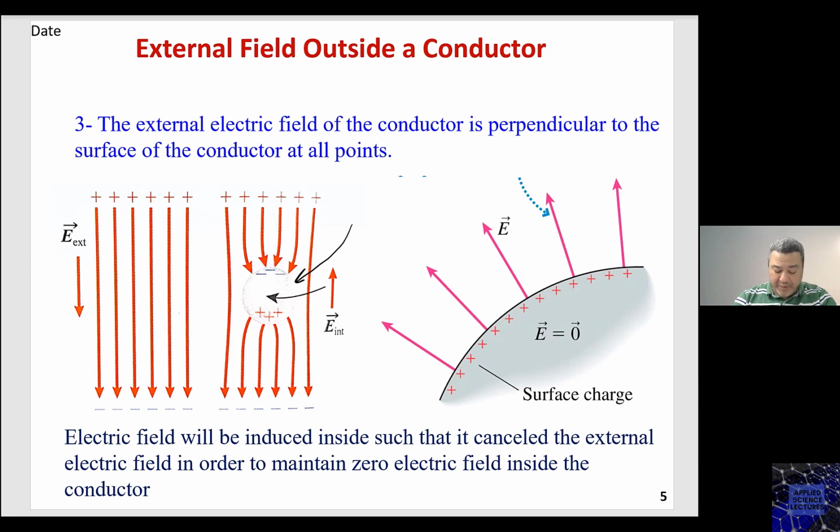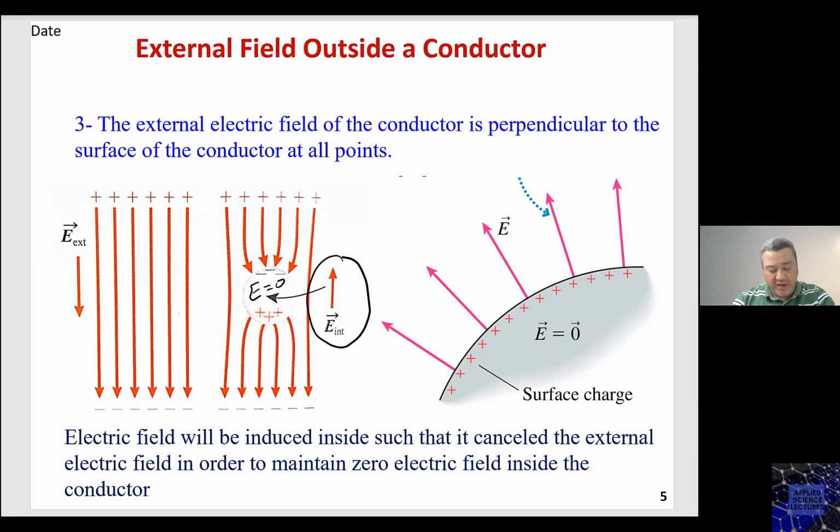However, now by attracting those negative charges to the top, positive charges to the bottom, the conductor itself tends to induce an electric field inside opposing the external field, and that's why we have zero electric field inside this conductor as well.